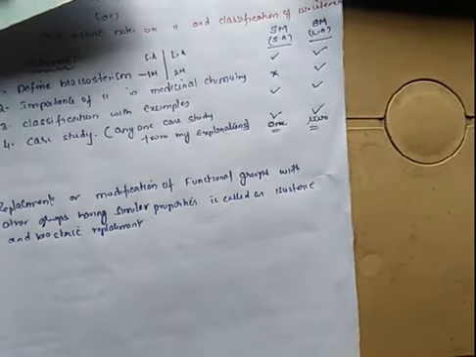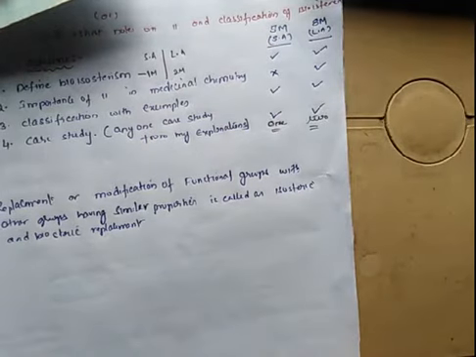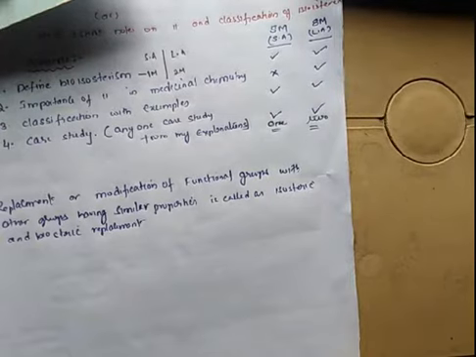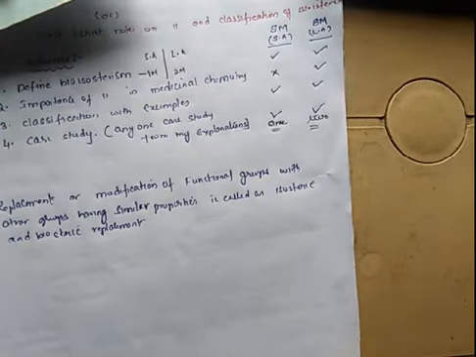So this is the definition: a simple replacement or modification of functional groups with other groups having similar properties is called isosteric and bioisosteric replacement.